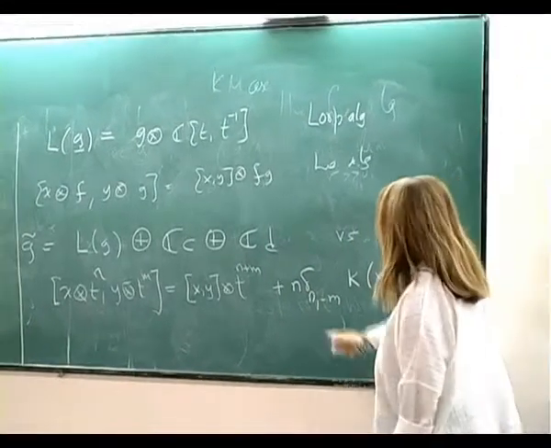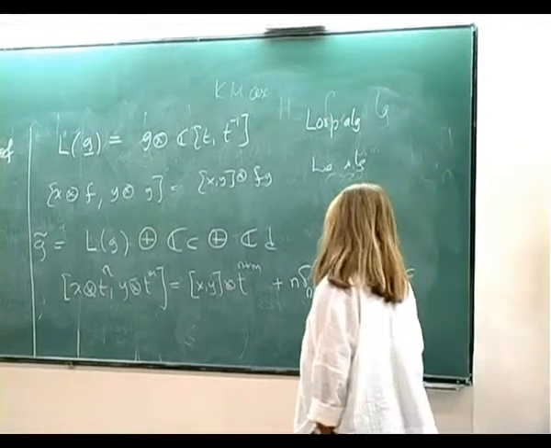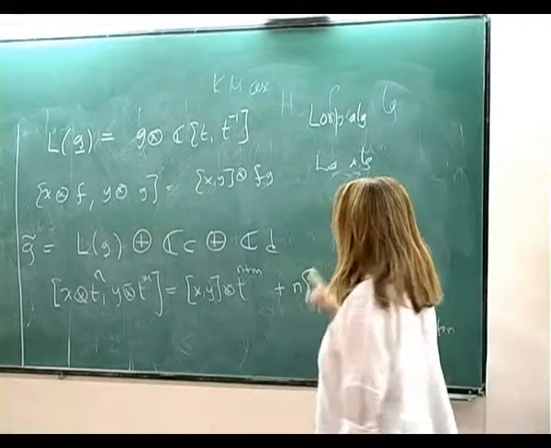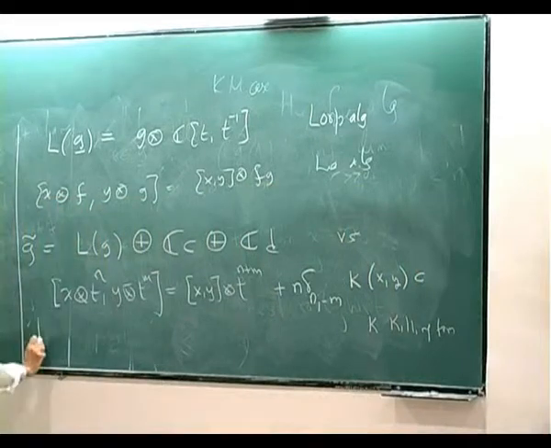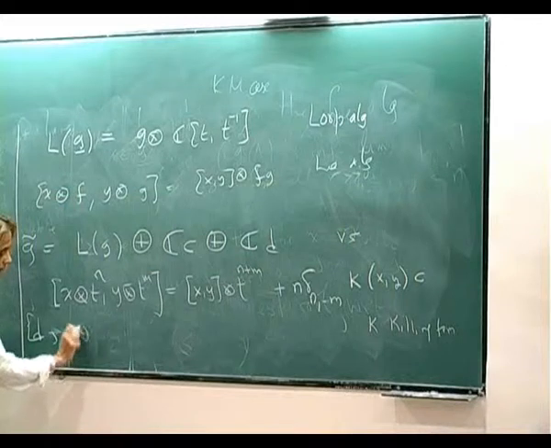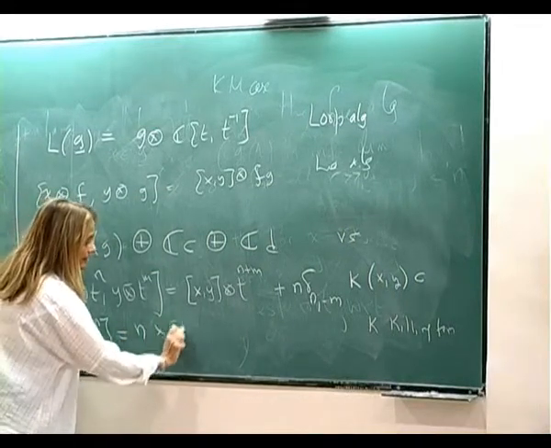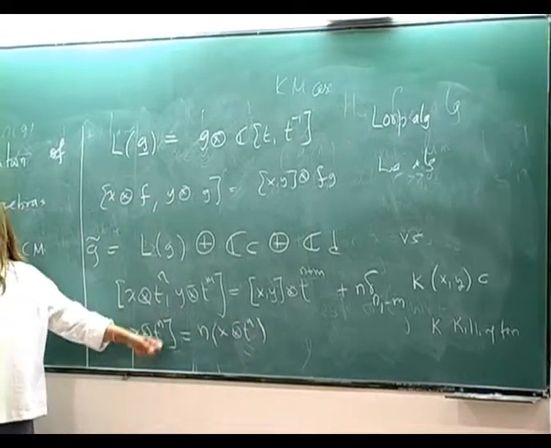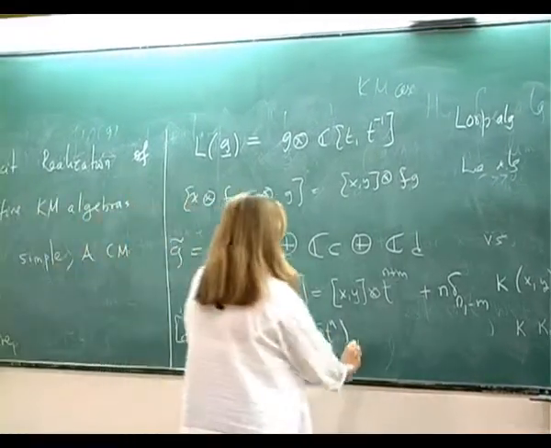So there is a correction term. And what is this D? D is going to act on x tensor t^n as a derivation, so it's just n times x tensor t^n. If you like, D is just the derivation t d/dt on this. And then c is central.